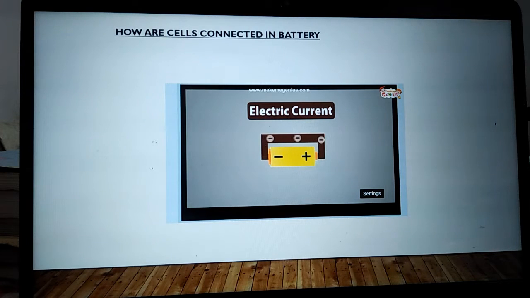It's like the way a current of water flows in a river. Yeah, it is like a constant flow of electrons through something. When a wire is connected to each end of the battery, electrons begin to flow from negative to positive. Yeah, from minus to plus. And this flow of electrons is called current.